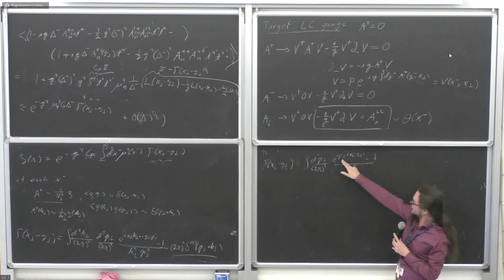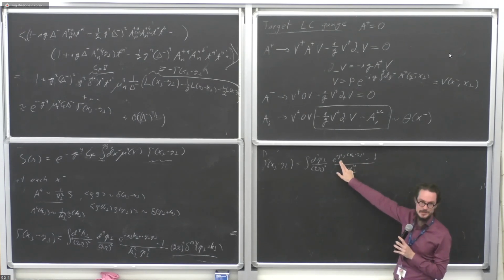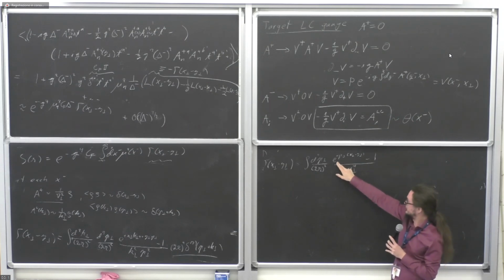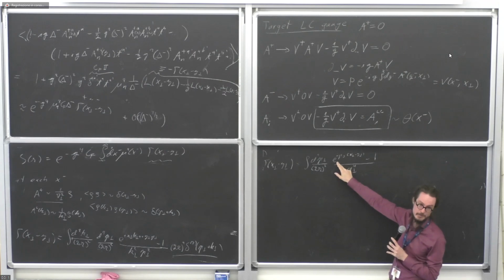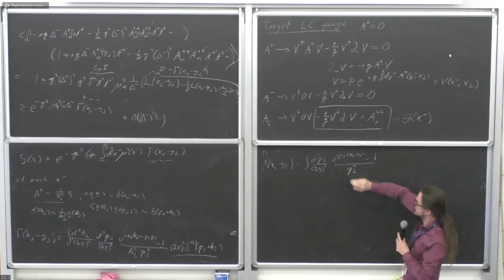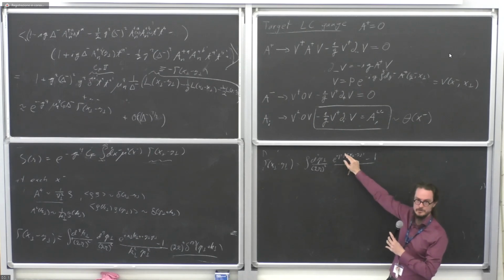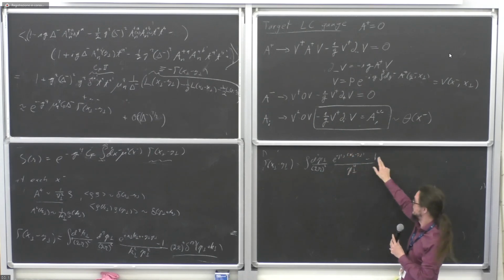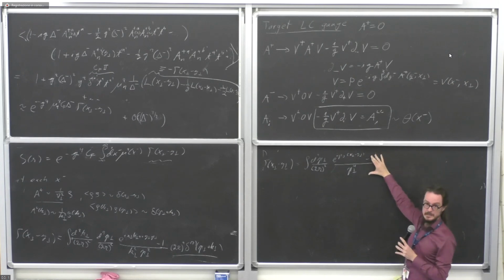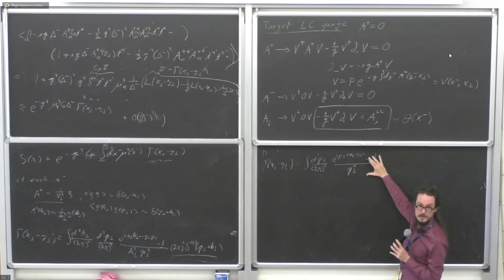Luckily, the power law divergence at small p is cancelled to a large extent by the fact that this exponential goes to 1 when p perp goes to 0. So the fact that these appear in this combination of exponential of ip times the coordinate difference minus 1 softens the infrared divergence in this integral from a very sick power law to only a log.